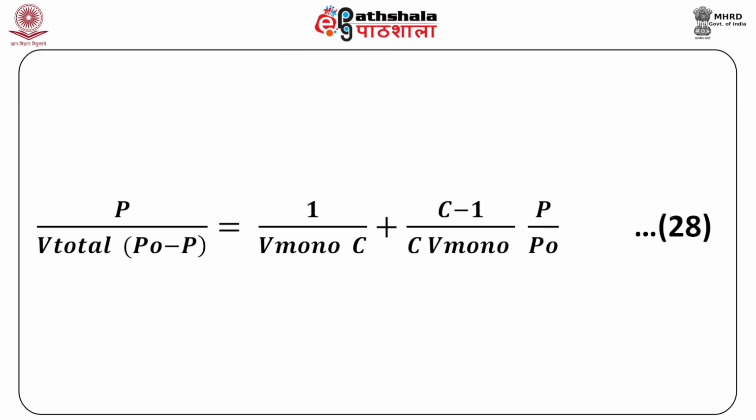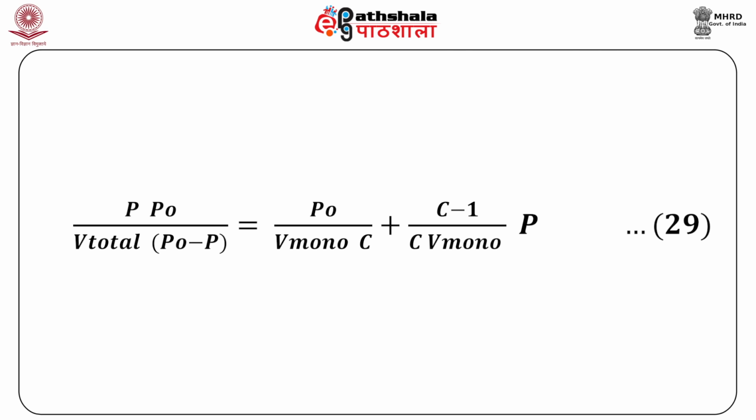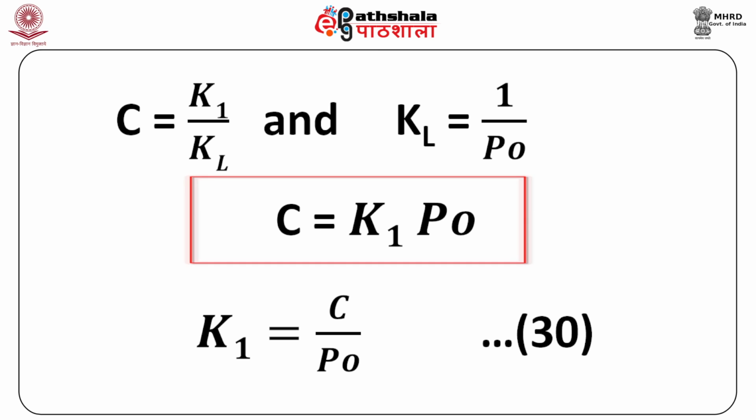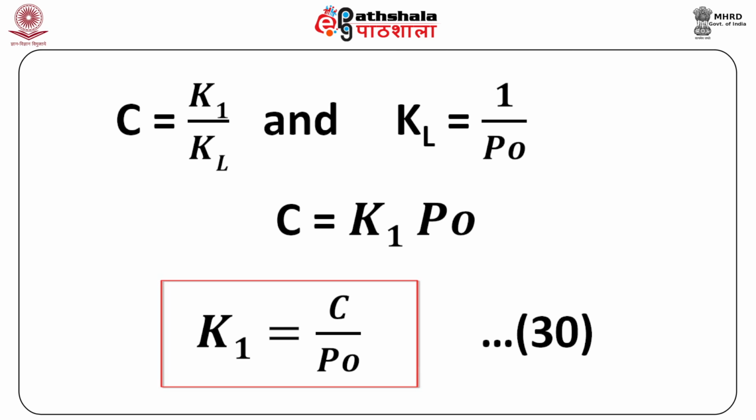We have the following BET equation as P by V total into P naught minus P equals 1 upon V mono C plus C minus 1 by C V mono into P by P naught, as given by equation 28. Multiplying equation 28 throughout by P naught, we get equation 29. Now C equals K1 by KL and KL equals 1 by P naught, or C equals K1 P naught, or K1 equals C by P naught, equation 30.